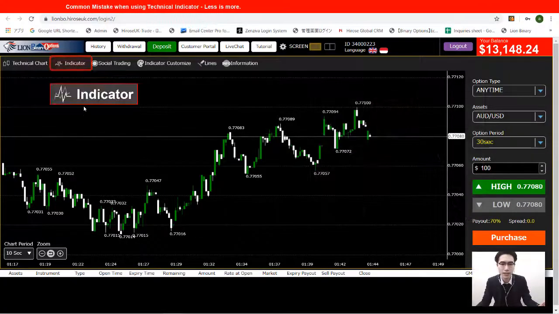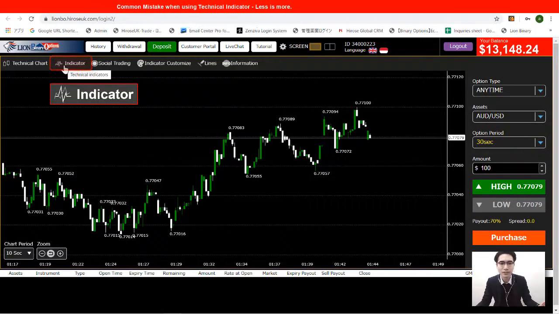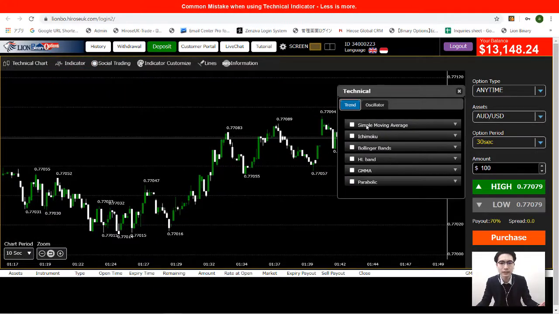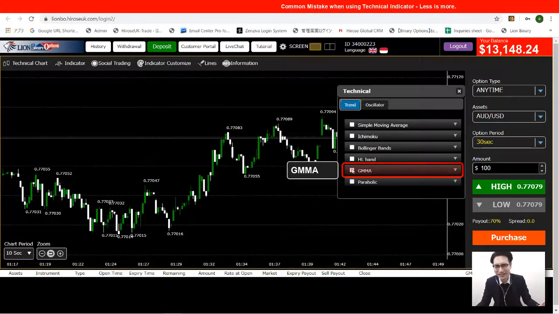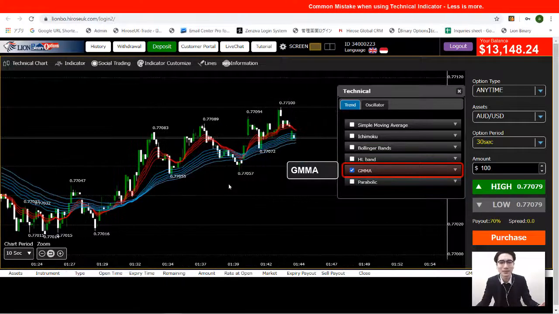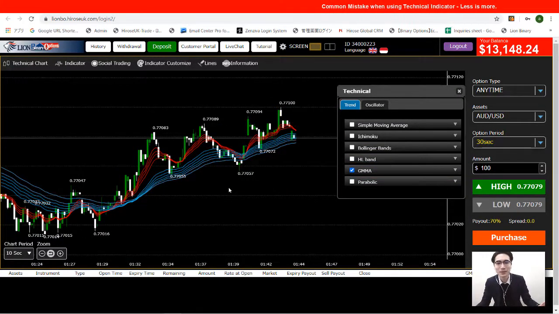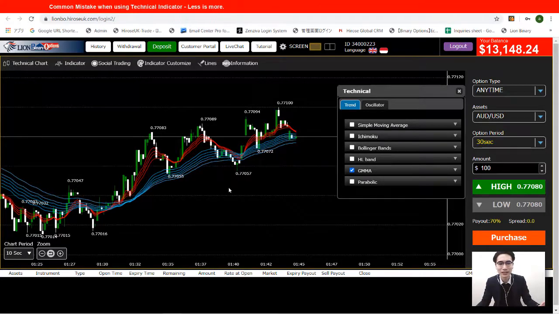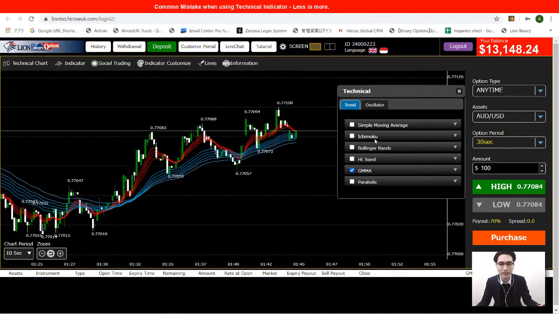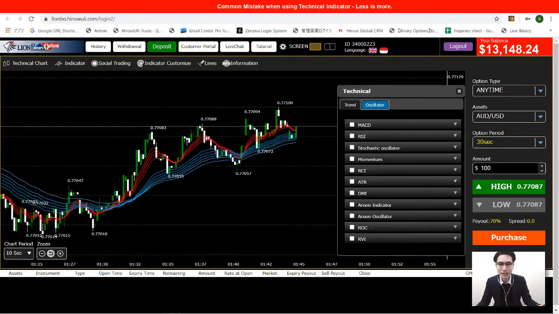So I will go to indicator. Click on indicator, and we will select the Bullion Japan, the GMMA. Click on GMMA, and next we will go to the oscillator. Then we'll select the MACD.